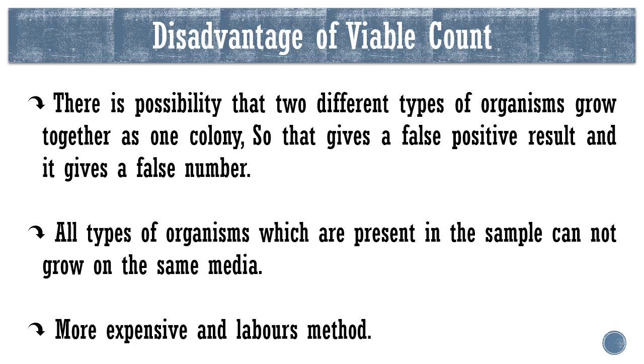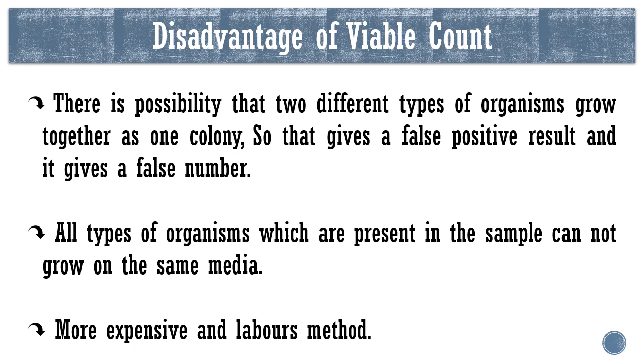This method is more expensive, time consuming as well as laborious. This is because of the need for costly media for cultivation, a longer incubation time, sometimes some organisms may take 7 or 8 days to grow, and the need to take great care while preparing dilutions, pouring, and maintaining aseptic conditions while pour plating or spreading and other methods.